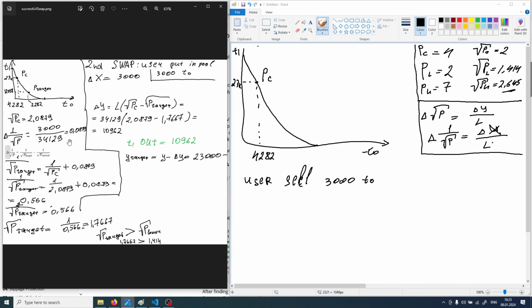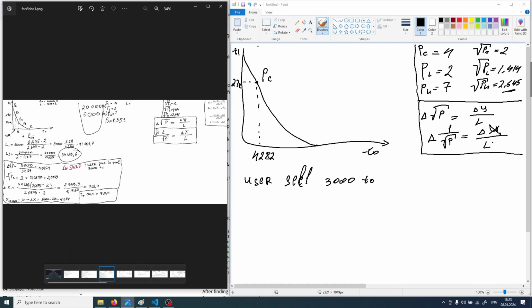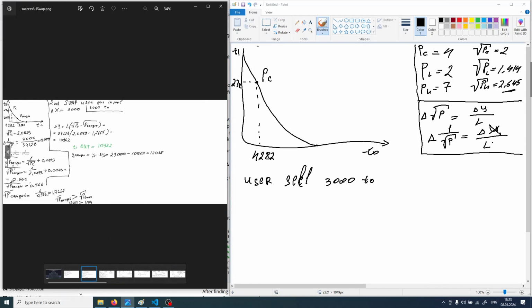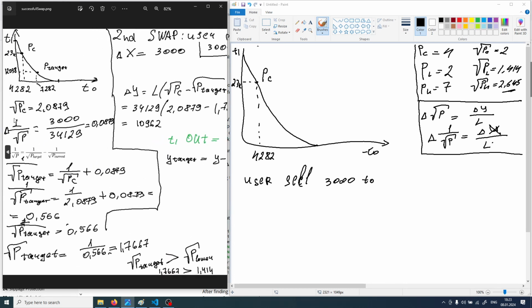Next, we use this formula for delta x. This formula. And from that formula we retrieve delta 1 divided by the square root of the price.